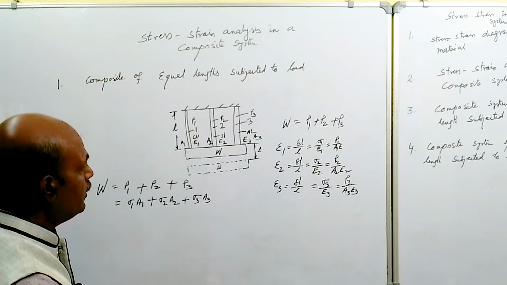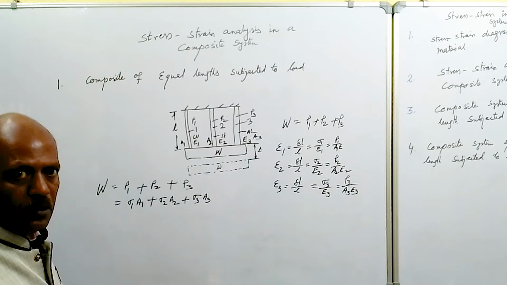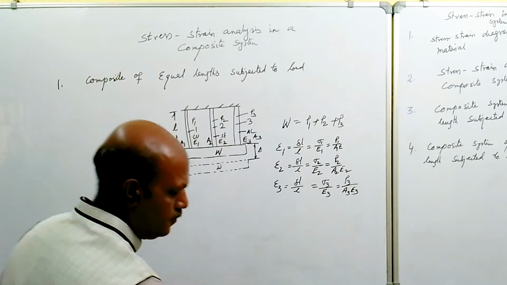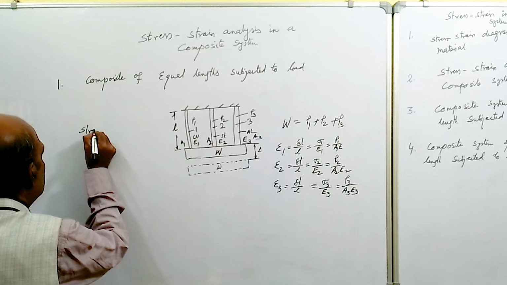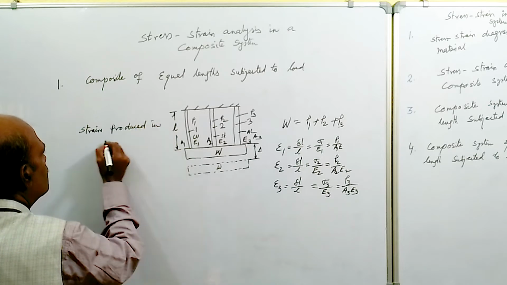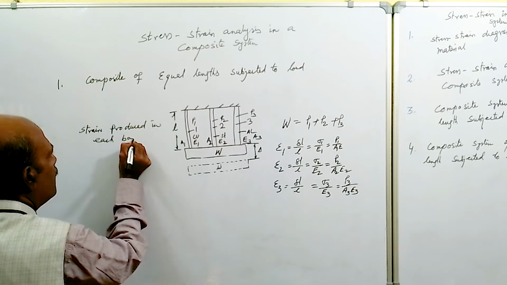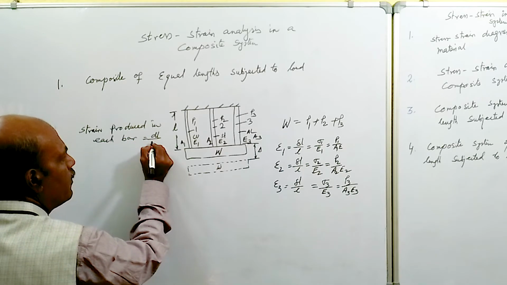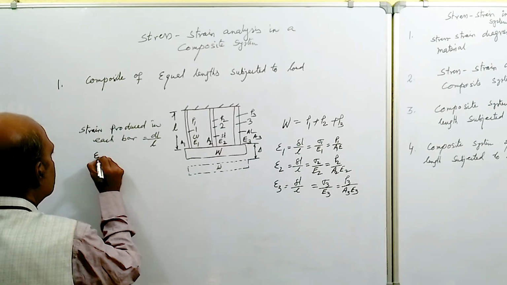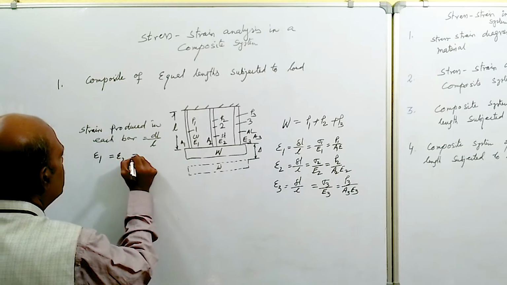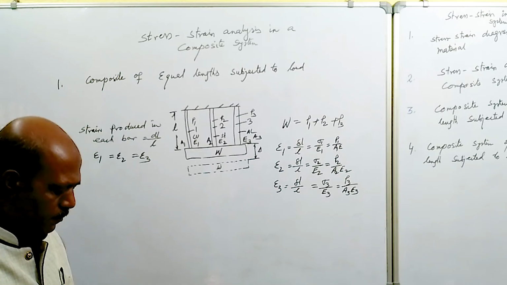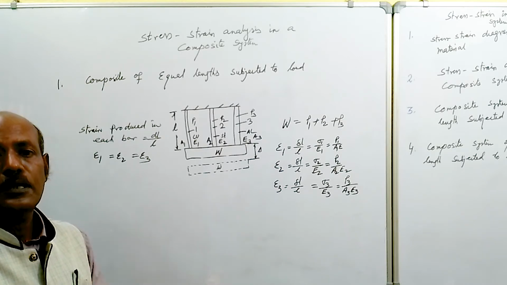Anyhow, in another way, strain produced in each bar is delta L by L. In this case epsilon 1 is equal to epsilon 2 is equal to epsilon 3, because the initial length of the bars are same and also the deformation produced in all the bars are same.